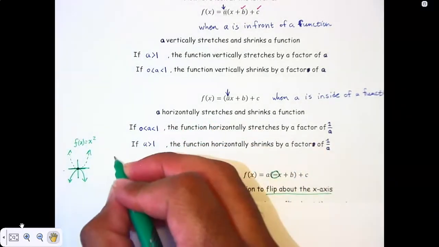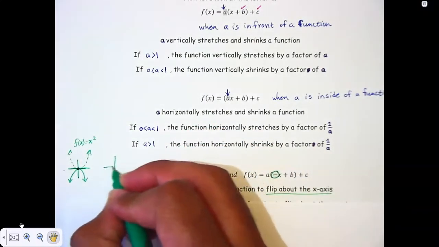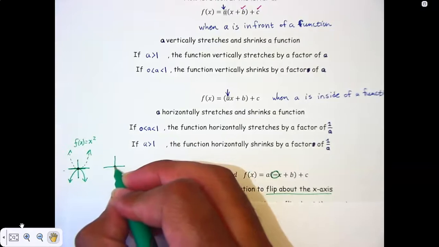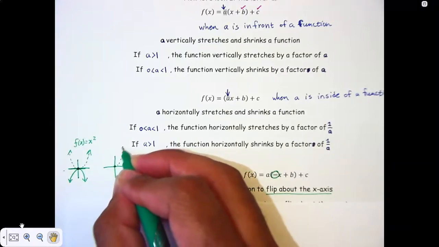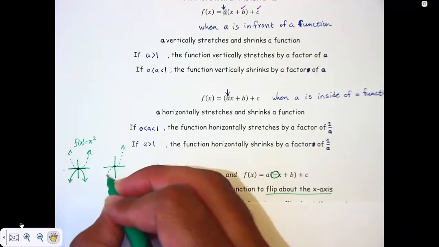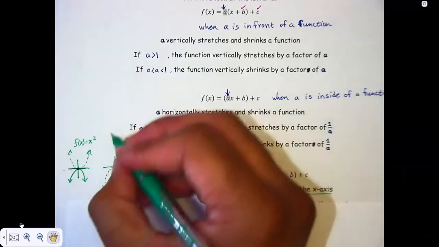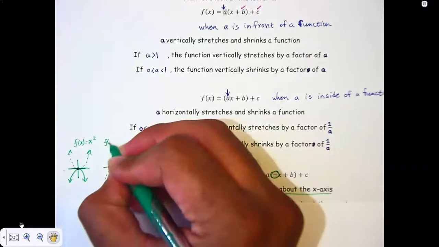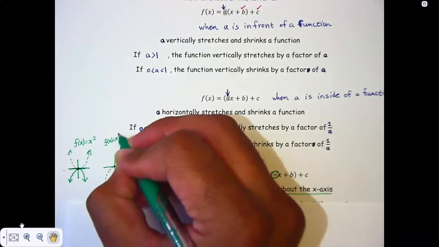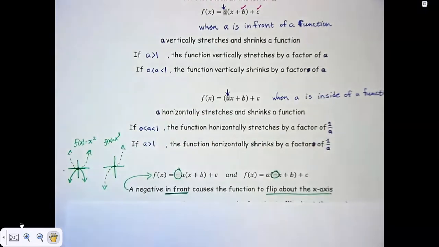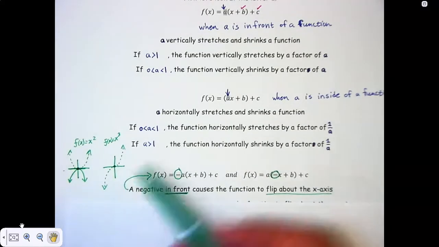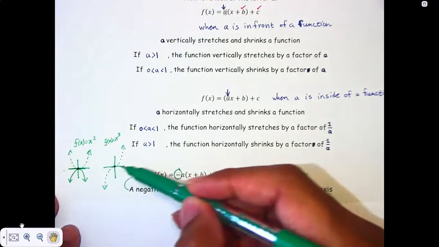All right, I'm going to give you another one here, and it's to do with our cubic graph. This is our cubic graph, f of x equals x cubed, which everybody knows their parent graphs because we wrote them down from the notes. All right, so if we're going to flip about the x-axis, again, we're going to flip about this line right here.